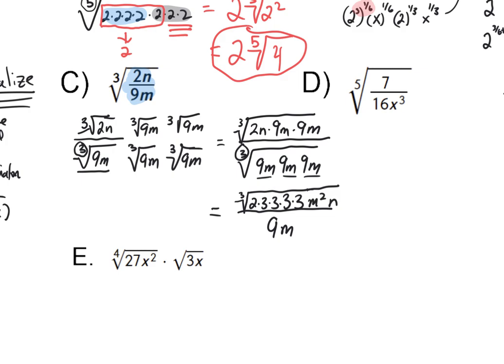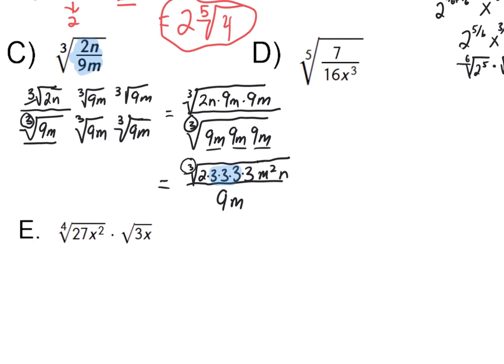Now again, if I want to simplify this, if I look at this cube root, I have 3 3's right there. For every group of 3, I can take 1 out. Cube root of 3 cubed. So I can take a 3 out on top. It's going to leave me with the cube root of 2 times 3, what's left.